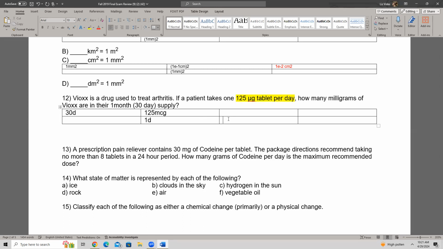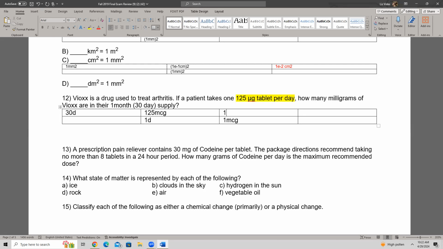So again, we do that same thing we did before. For every MCG, we're going up, it's 10 to the 6th and 10 to the third.